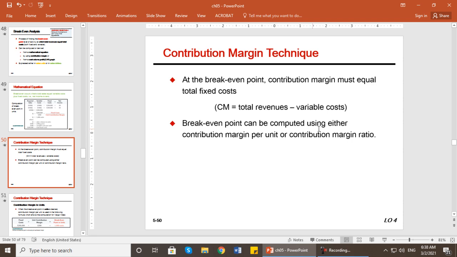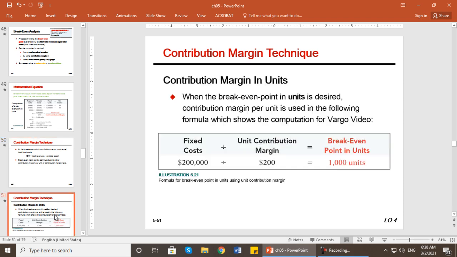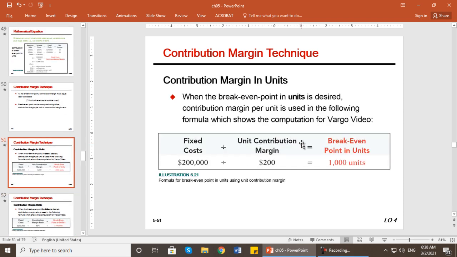Break-even point can be computed using either contribution margin per unit or contribution margin ratio. As you see in the equation, break-even point in units is fixed cost divided by unit contribution margin.